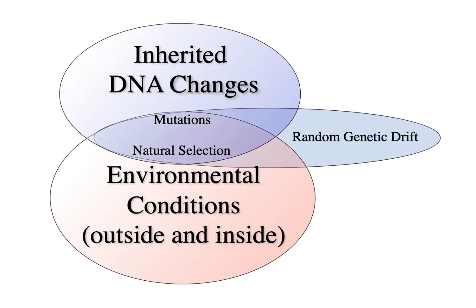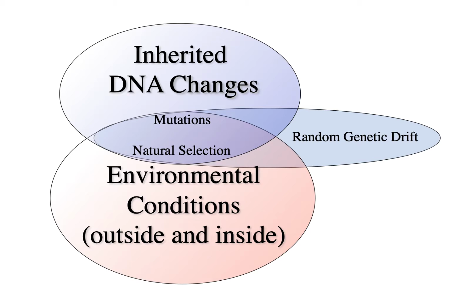The third aspect of evolution is random genetic drift. And this is caused by mutations that have no selection on them, either positive or negative. So they're neutral as far as their effects on the organism. However, if the organism moves to a different environment, or if the environmental conditions change, then these genes that previously had no selection on them may be subject to natural selection.